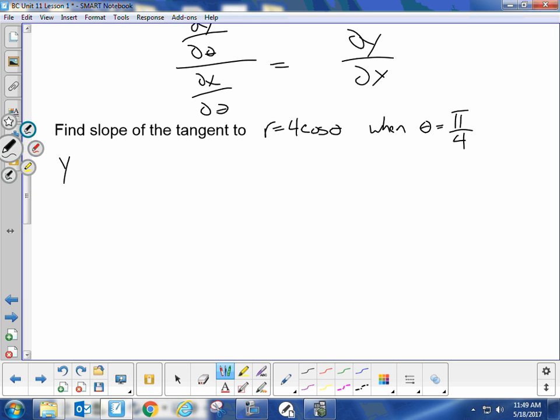Because r sine theta is a product, and r cosine theta is a product, when I take the derivative of this and the derivative of this with respect to theta, I need to use the product rule.